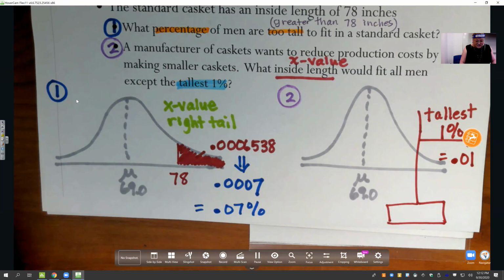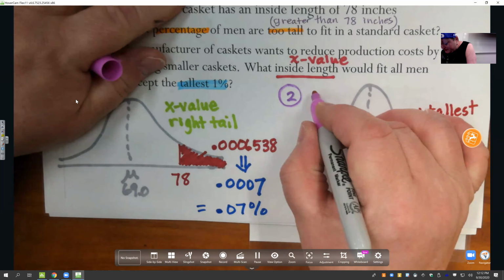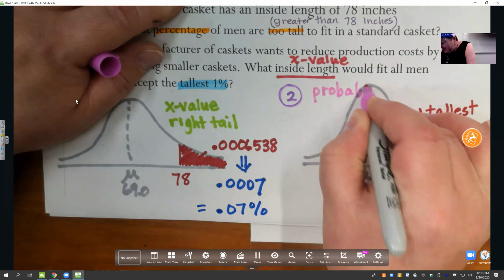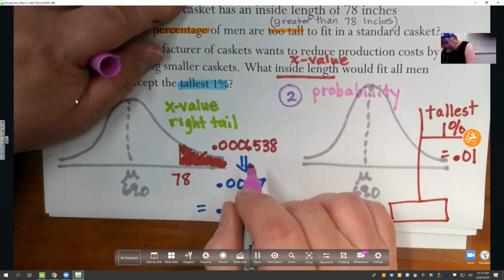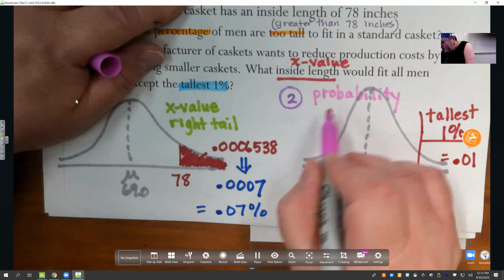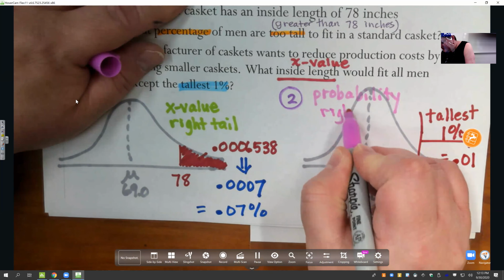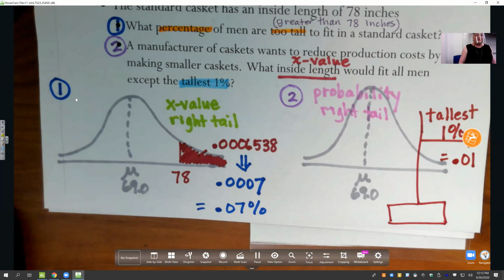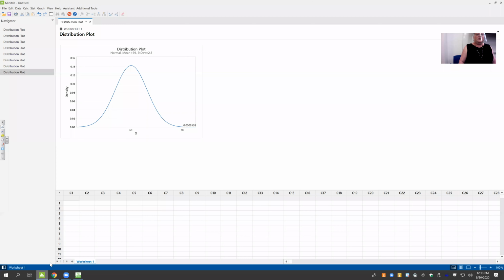So this question, the way it's worded, you're going to use probability, because that's what you're given. And you want, again, to do right tail, because you're cutting off that upper part, or the tall men. Okay, so here we go. Graph, probability distribution, view probability, okay.